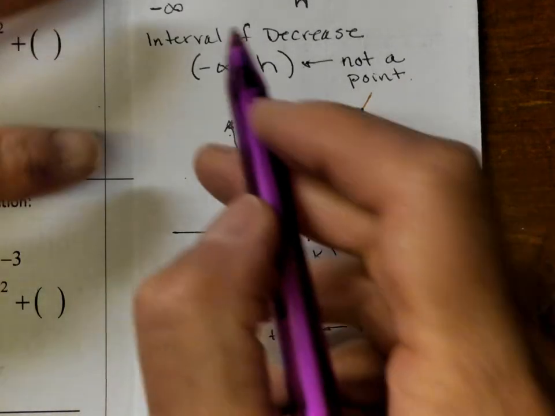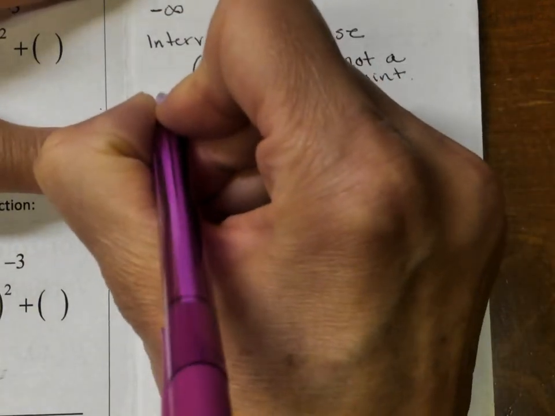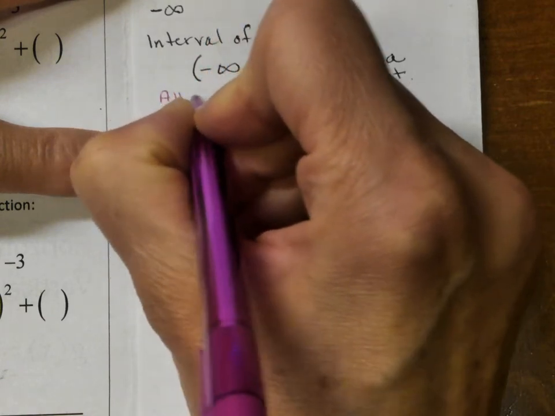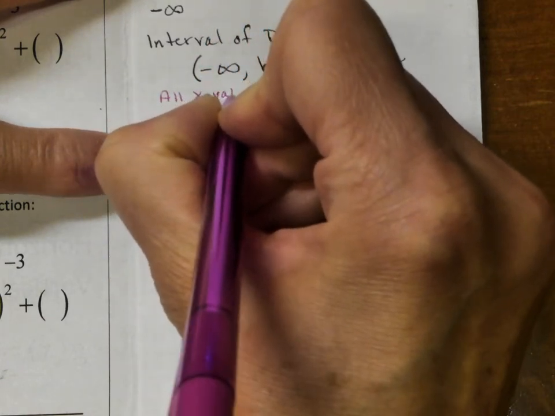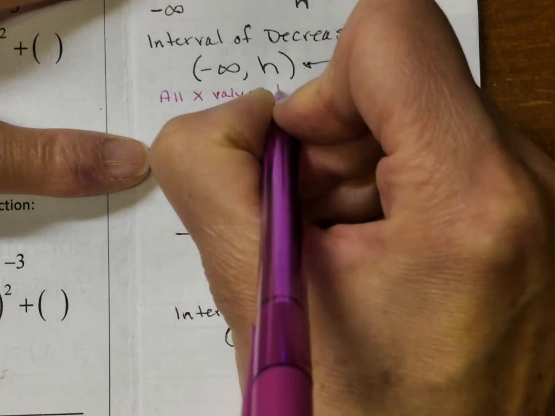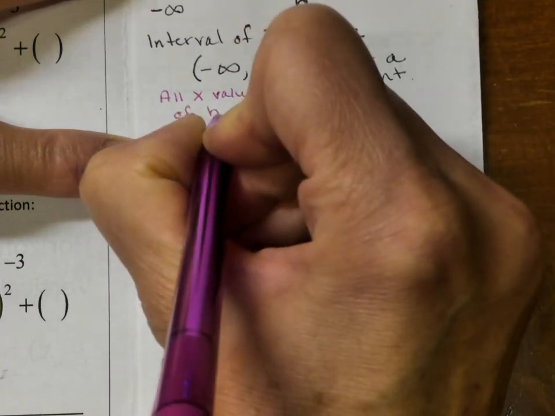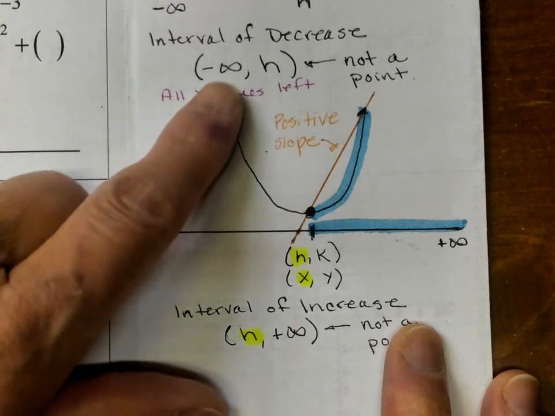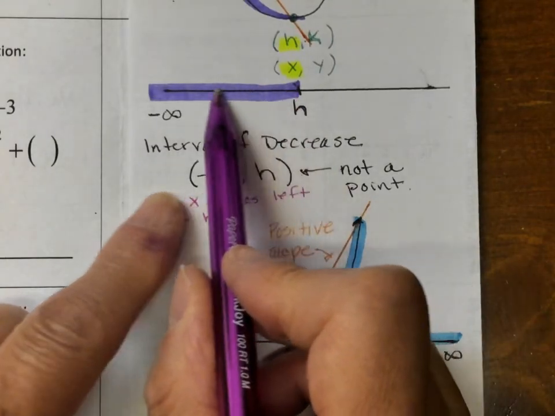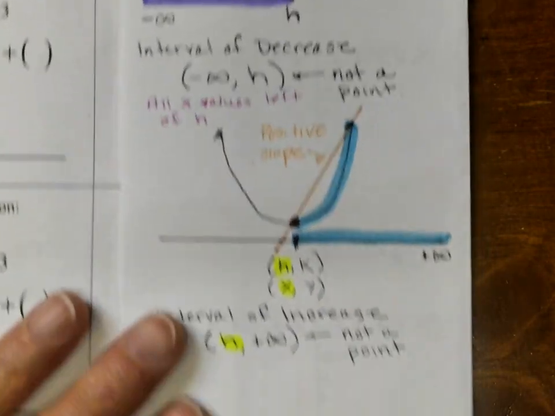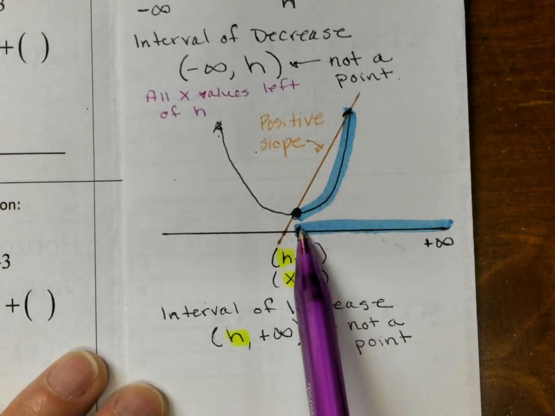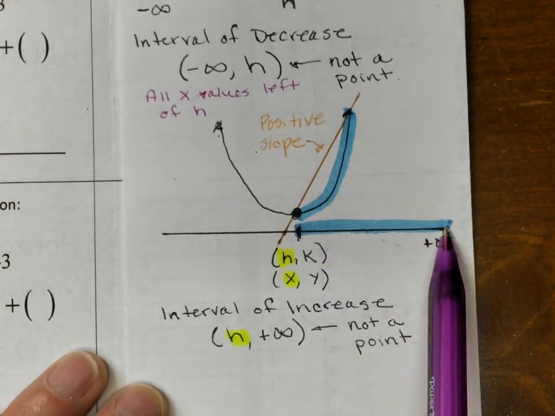So this here is all x values left of the h, and this here is all x values right of the h.